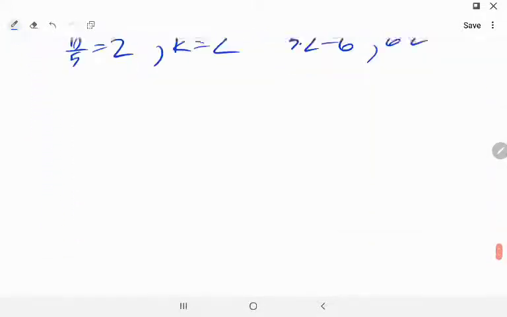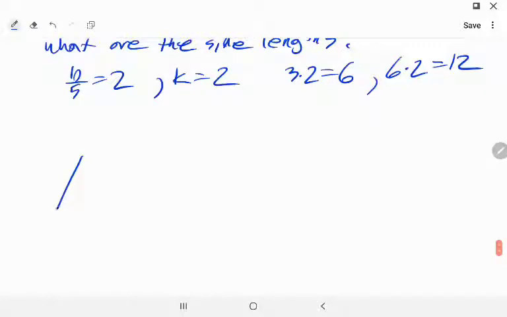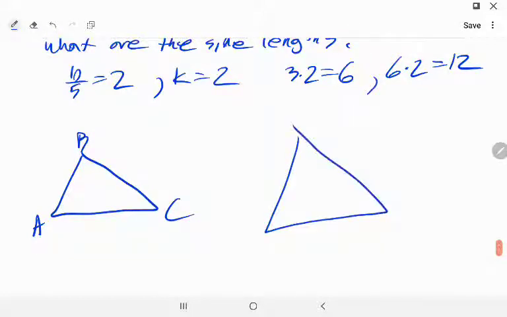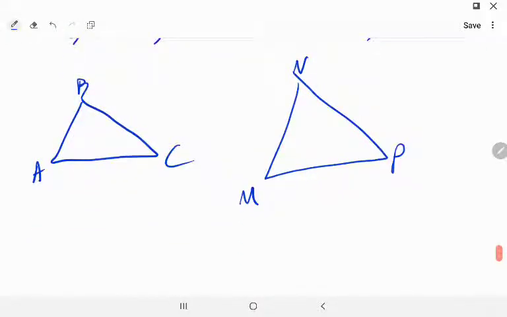We notice that if we're told that we have a triangle ABC, and then the other triangle is MNP, we'll use this little wavy line to indicate similar.